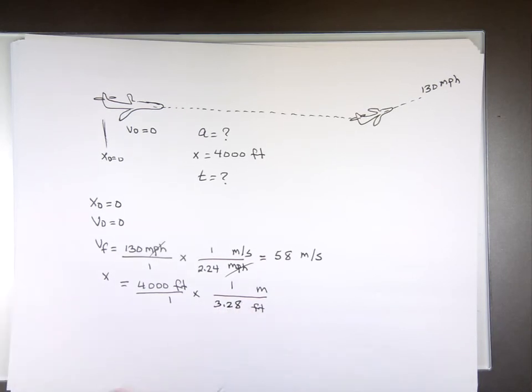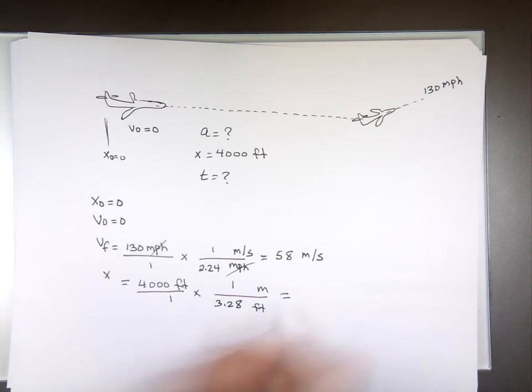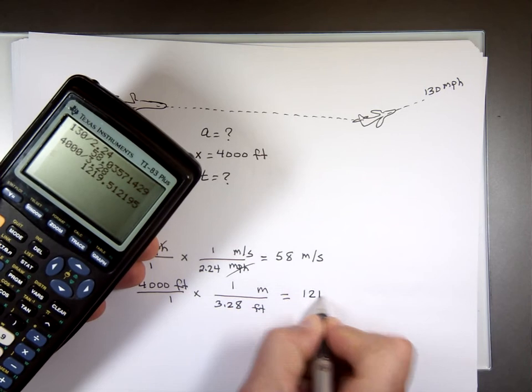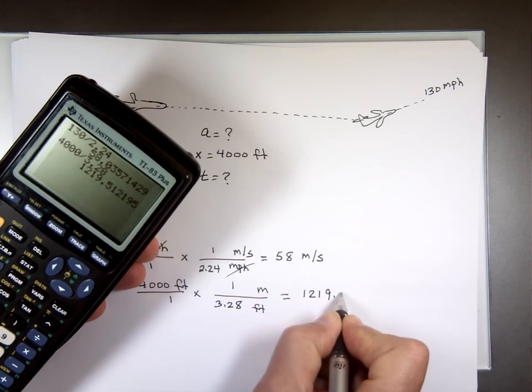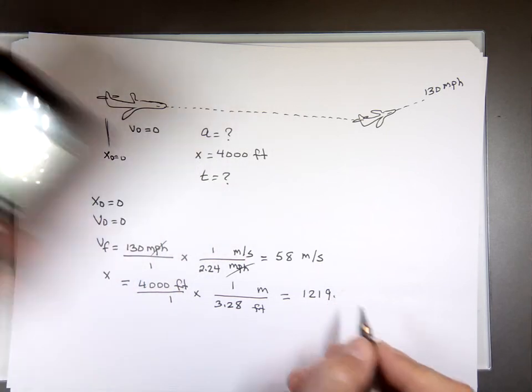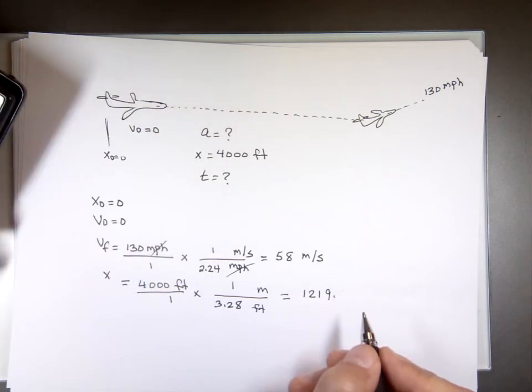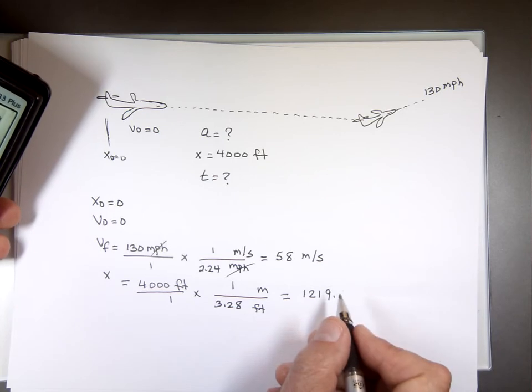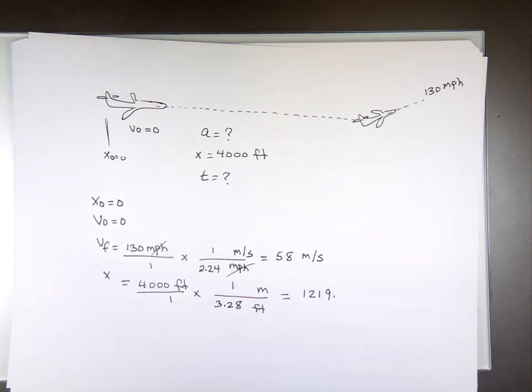So I'm going to have the distance is equal to 1219.5. Round it up, how about 20? Instead of 19.5, I go 1220.